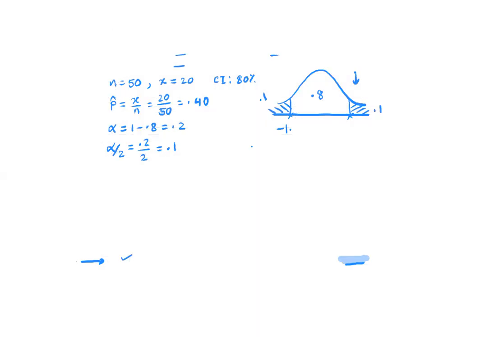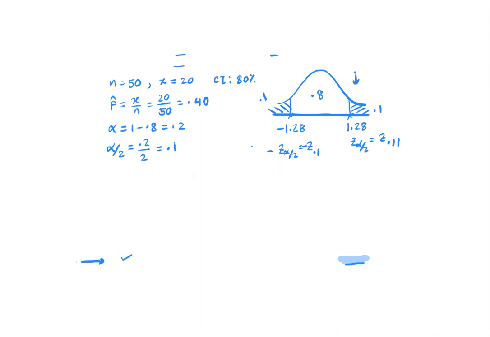So this is going to be negative 1.28, and by symmetry that is going to be positive 1.28. Okay, so that's your z sub alpha over 2, which is the same as z sub 0.1.